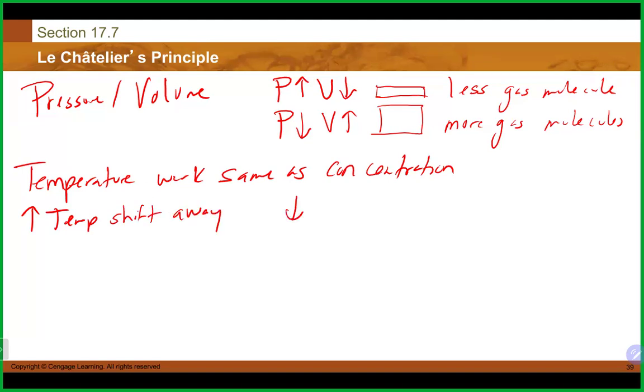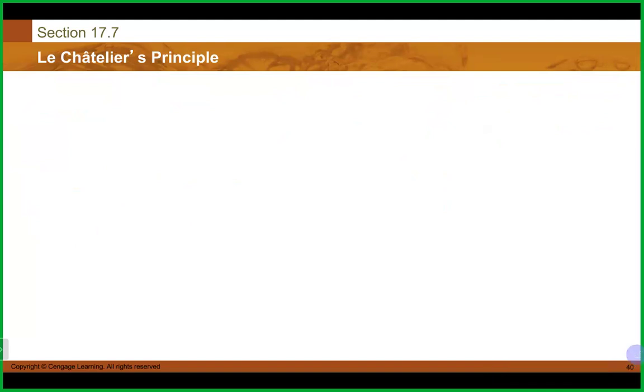And if you decrease the temperature, it will shift towards it. Now, how do you know which side temperature is on? It has to do with what type of reaction you are dealing with. Is it an exothermic or endothermic reaction?